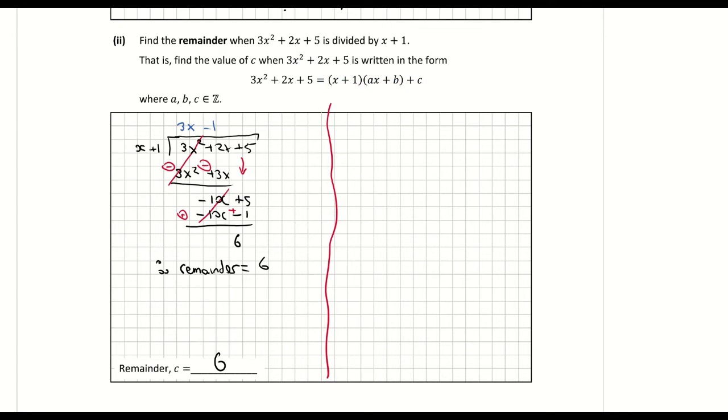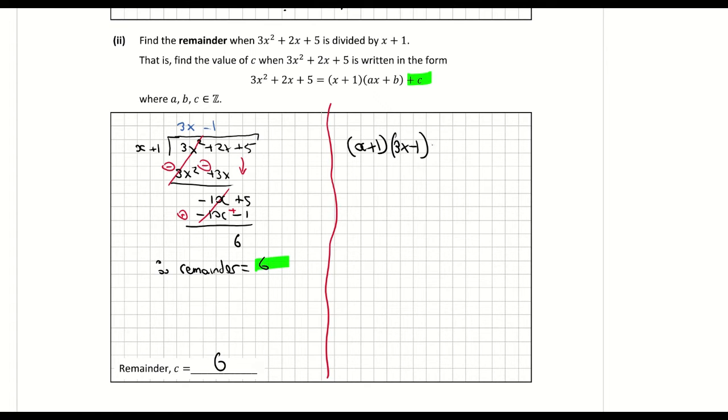So first thing I'm going to do is, if you look at this one, x plus 1, that's this. The next thing I'm going to look at is this part here, which is the ax plus b. That's my 3x minus 1. And the final part is my c, which is my remainder, which is 6.